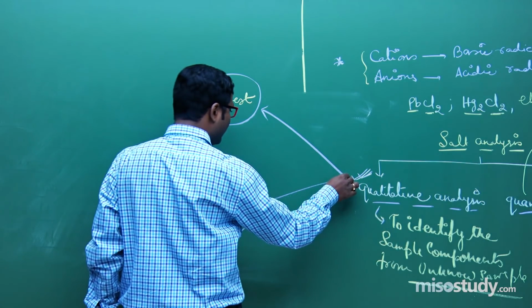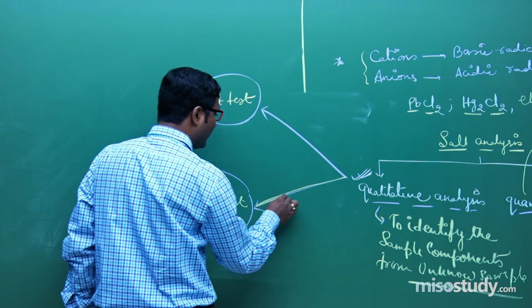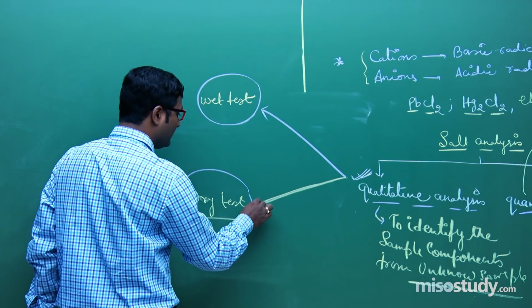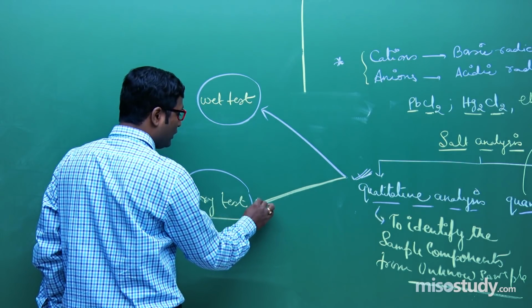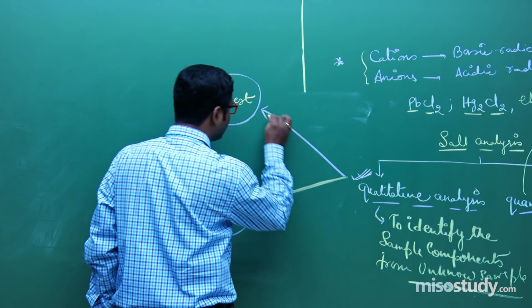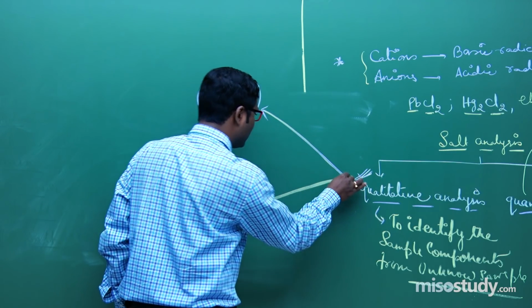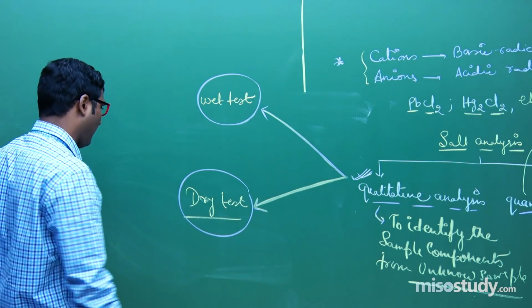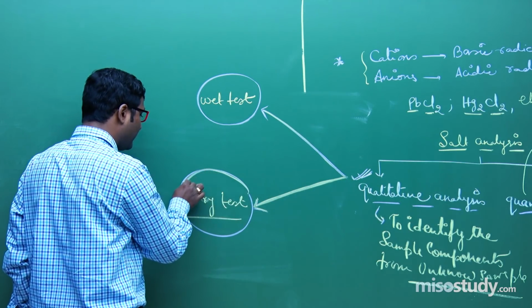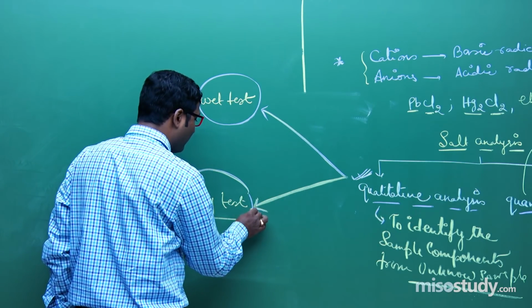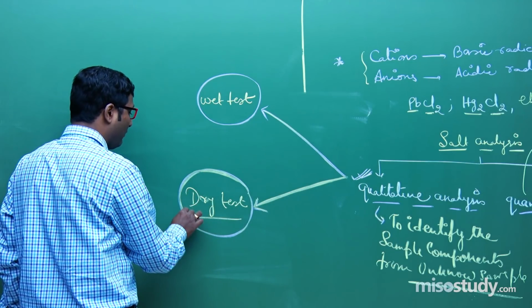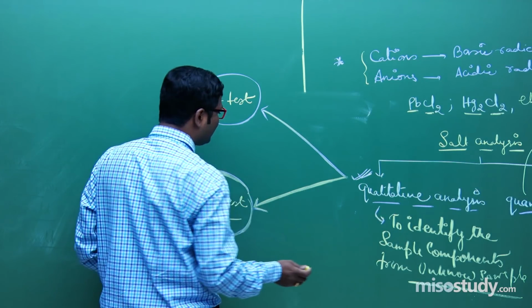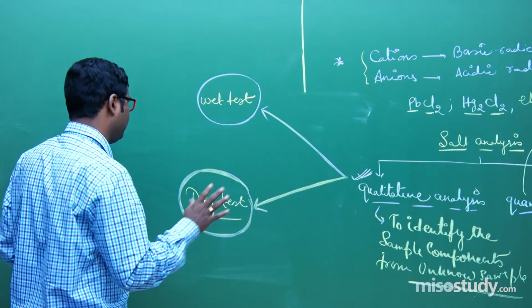Now, in wet test and dry test, like the flame test, do you remember this? Charcoal cavity test, sodium carbonate bead test, borax bead test, lots of examples are there. Generally we sometimes find in books that it is the dry test for basic radicals and the wet test for acidic radicals. Not like this, it is just a general thing.